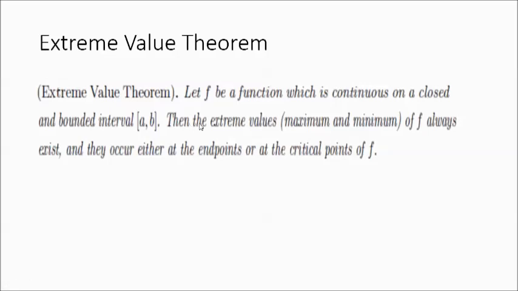We have extreme value theorem. Okay? So extreme value theorem, class, is ganito siya. Let f be a function which is continuous on a closed and bounded interval. So yung na-discuss natin before.